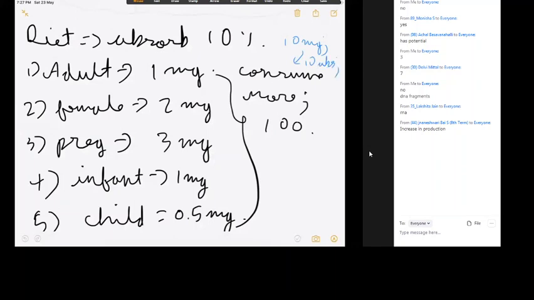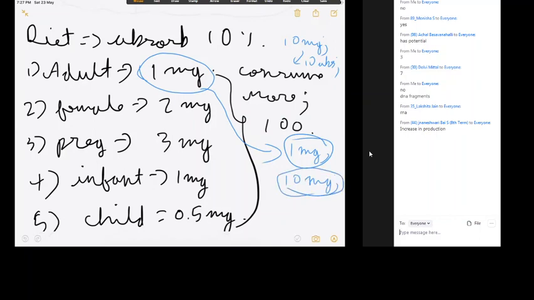That is why, when they tell you your body needs 1 milligram, what will you recommend to your patient? Will you tell him to take only 1 milligram, or 10 milligrams? Obviously you need to tell him to take 10 milligrams.